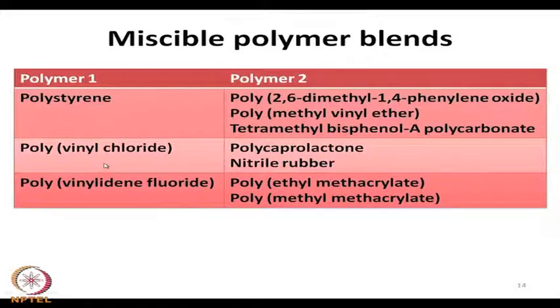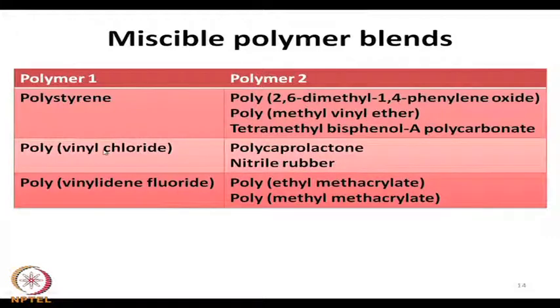If we want to develop some fire retardancy or polarity etc. in a polymer product, we can take polyvinyl chloride as one of the components. Now, we can mix polyvinyl chloride, PVC, with polycaprolactone, that is a biodegradable polymer.